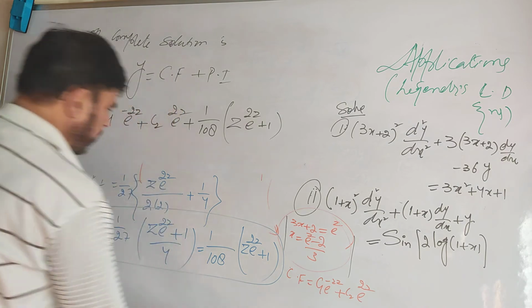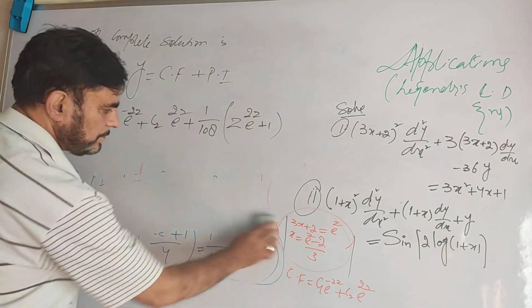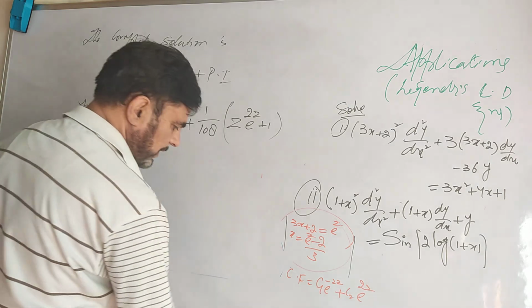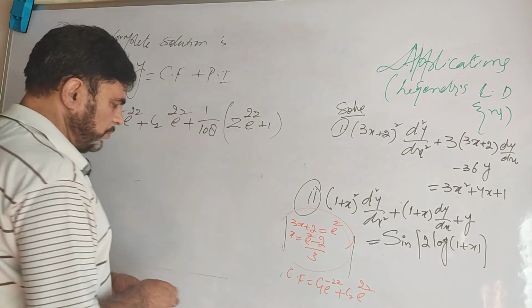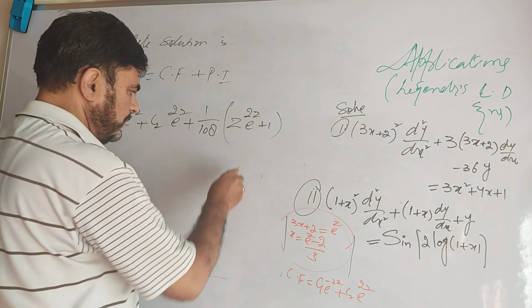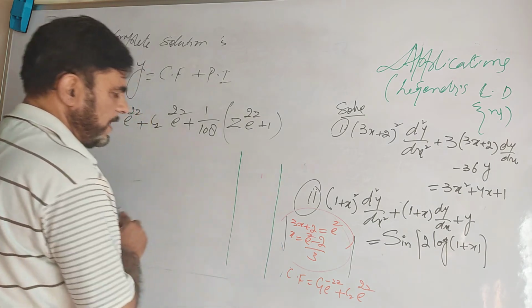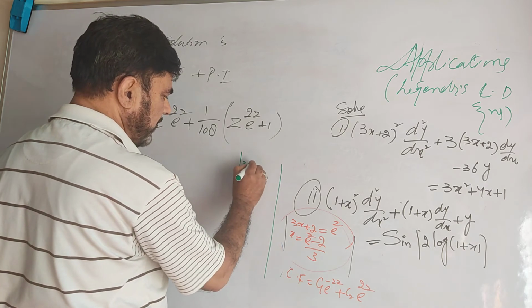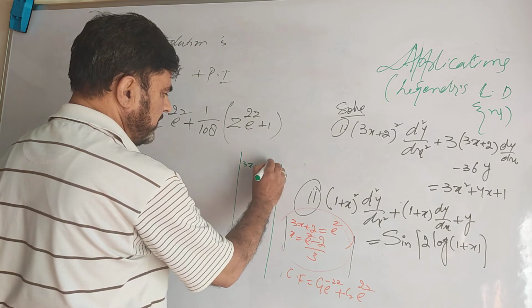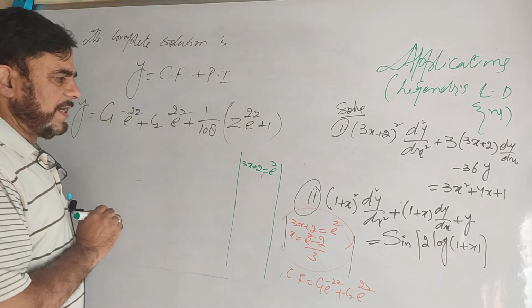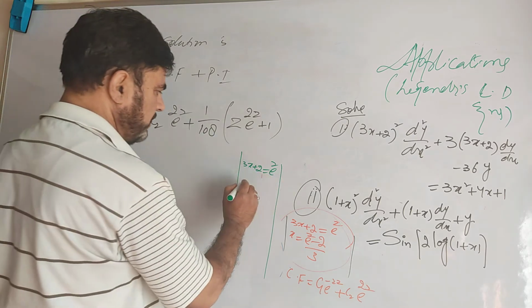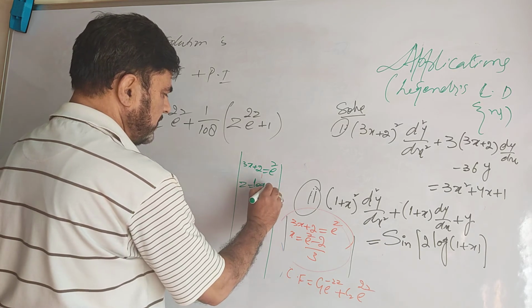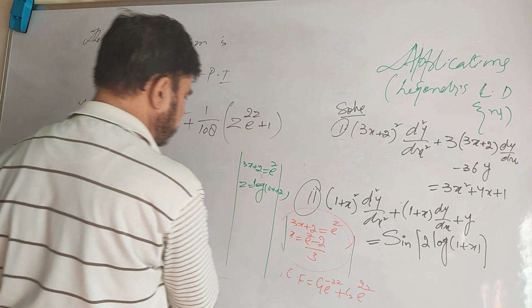Now see how we go. I have to use this value here. This 3x plus 2 is e raised power z, so z is simply log of 3x plus 2. Now write the solution.